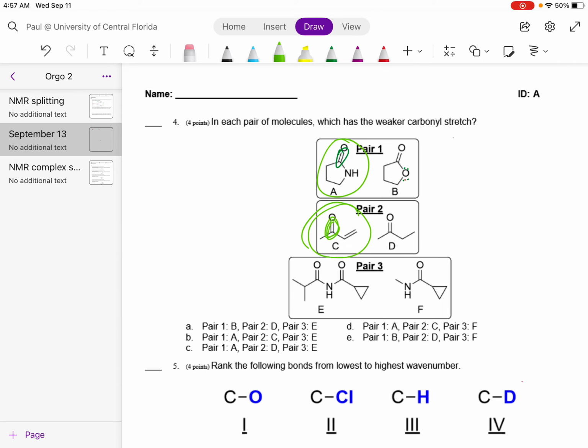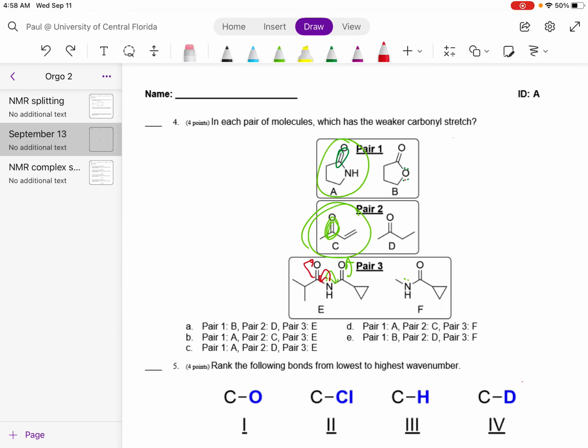And then in E and F, we're comparing nitrogens, so that can resonate in this way, or it could resonate in the other way. Okay, it can't really do both at the same time. And so if it resonates with the red arrows, then you have double bond character there. If it resonates to the right, shown in the green arrows, we have double bond character there.